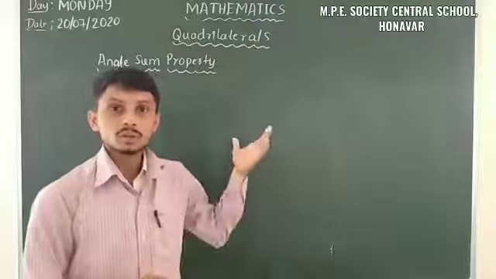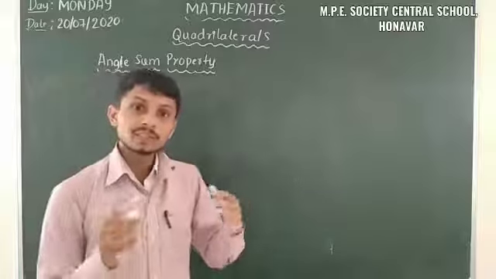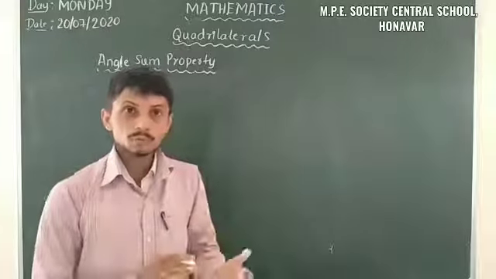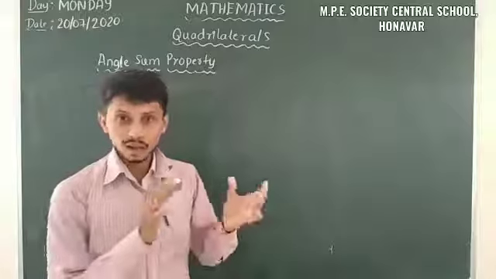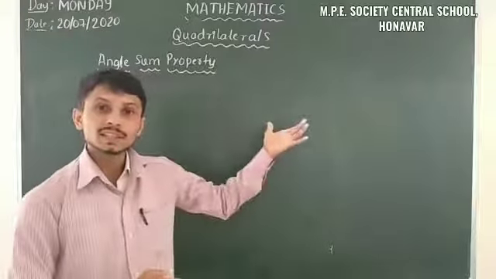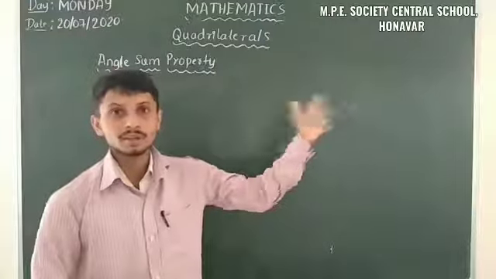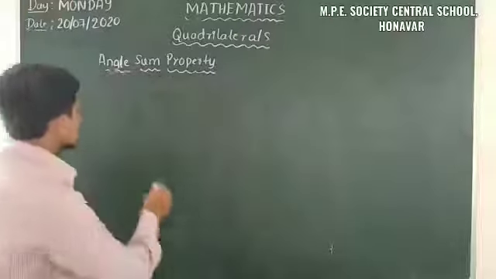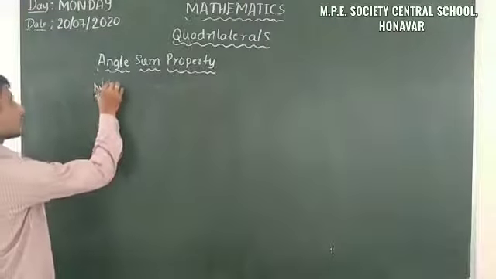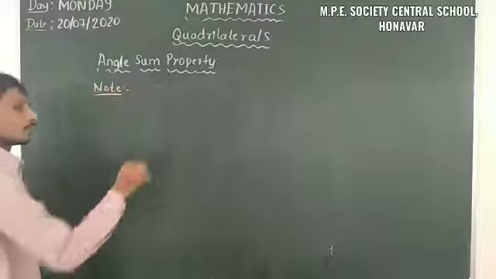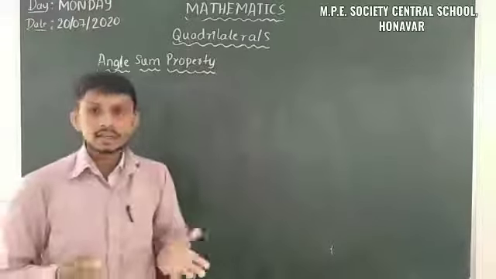So we have to calculate with the help of one formula. This formula is also related to the sum of exterior angles of a polygon, which for any polygon is 360 degrees. We can take it as a note. It is very helpful while you are conducting any examination.